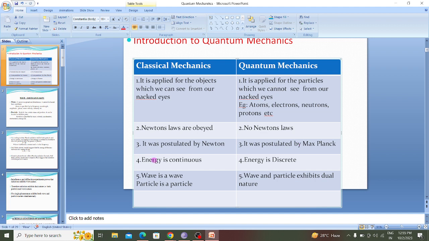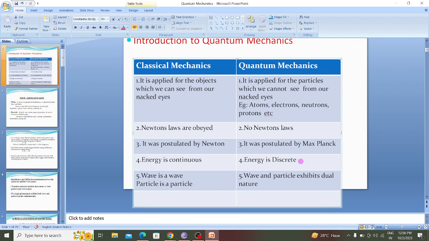Next, in classical mechanics, energy is continuous. There are no energy states, there are no quantum numbers. Whereas in quantum mechanics, energy is discrete, meaning energy is emitted or absorbed in discrete packets which are called quanta or photons. So there are discrete energy levels: ground state, first excited state, second excited state, like that.